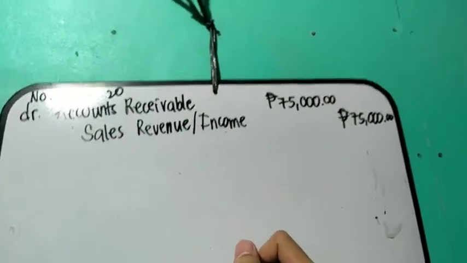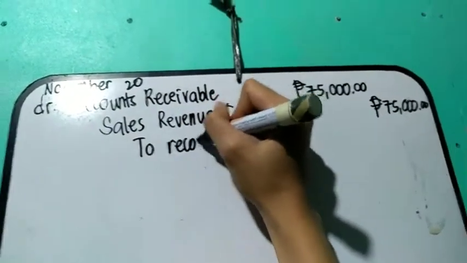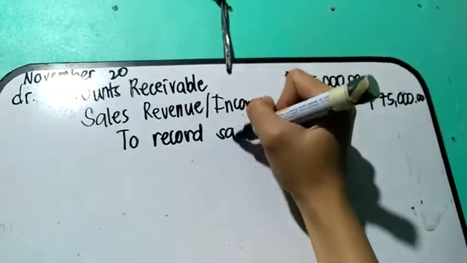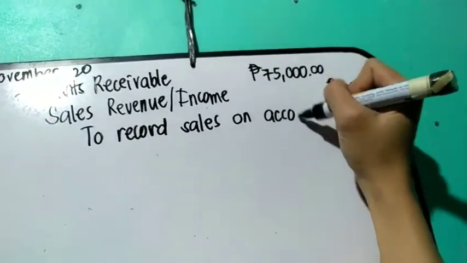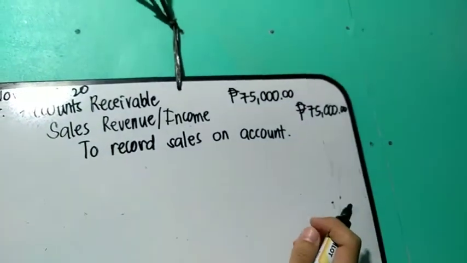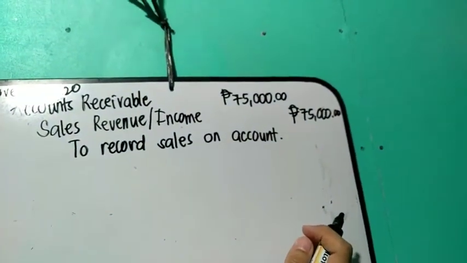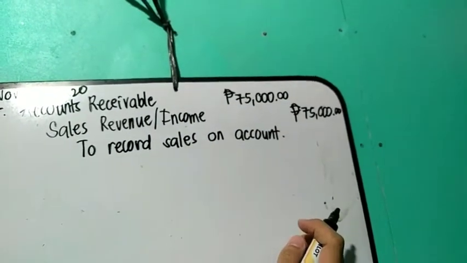And for your short explanation, to record sales on account. Why on account? Simply because your customer did not pay you any cash. Therefore, you have a receivable.